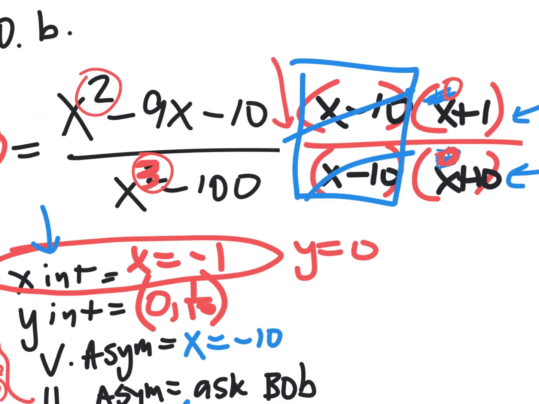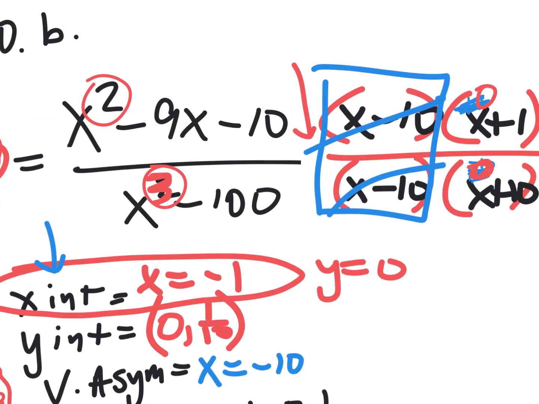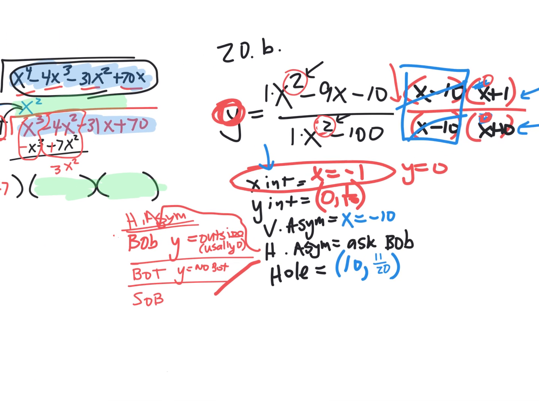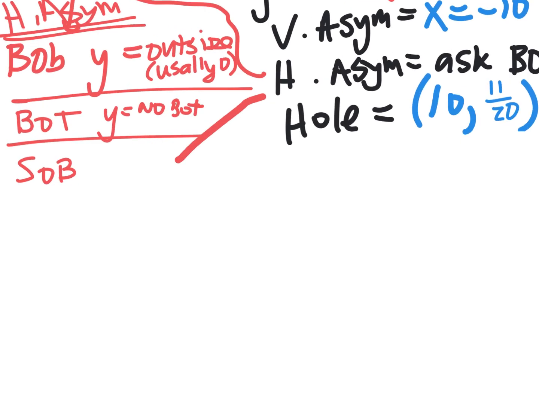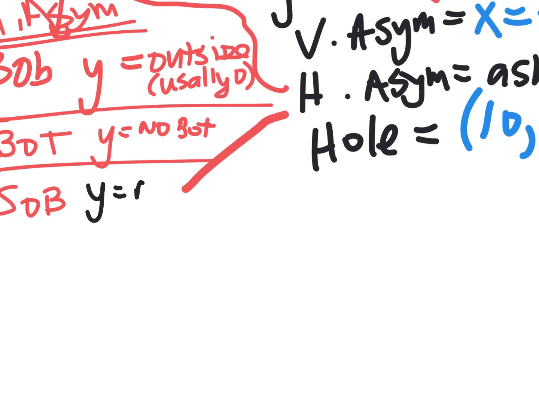This one's same on both, because this is actually a 2 right there. So it's the same here and here. Do you get that there's a 1 here and there's a 1 here, and those are called the lead coefficients? So y equals the ratio of the lead coefficients.